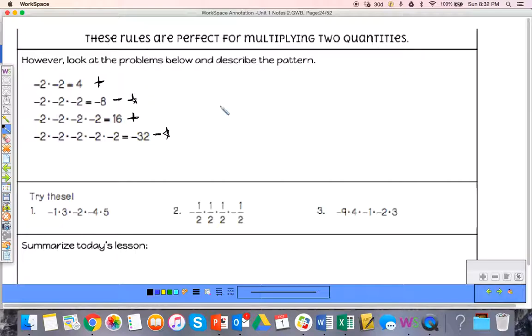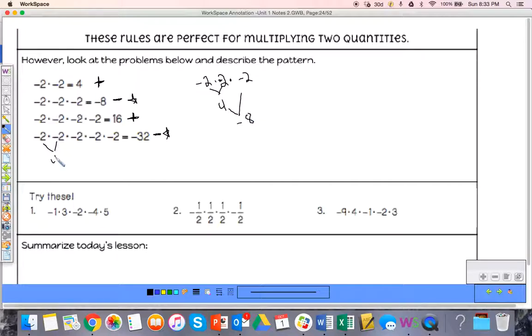So what's happening here is if I do negative 2 times negative 2 times negative 2, this answer is 4. So then we have a positive times a negative, so we get negative 8. Same thing here.